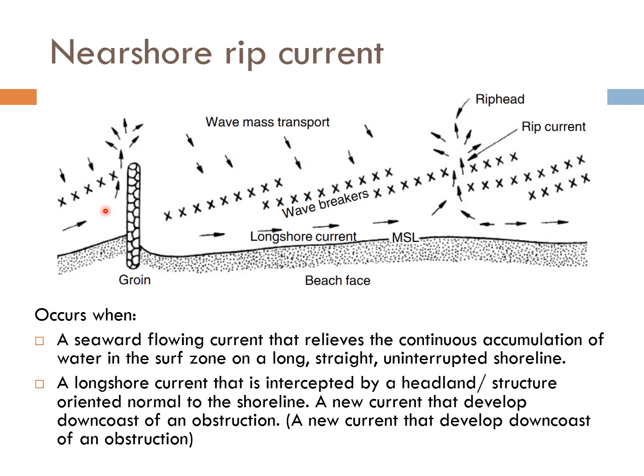We can stop the littoral transport up to this point only, but if the incoming wave energy continues to produce a longshore current, then we are still going to have longshore transport on the down coast side of the structure.